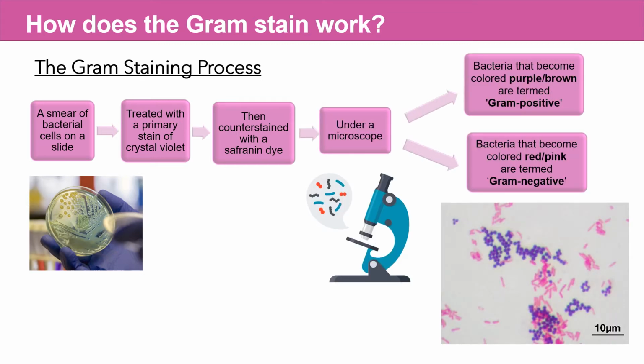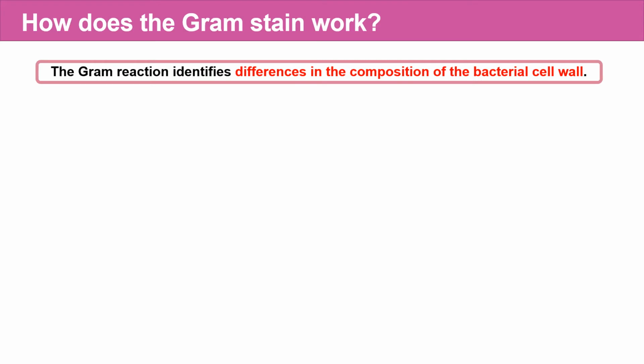Under a microscope, this is viewed, and bacteria that look purple or brown are termed gram-positive. Bacteria that become colored red or pink are termed gram-negative. So the gram reaction identifies differences in the composition of the bacterial cell wall.